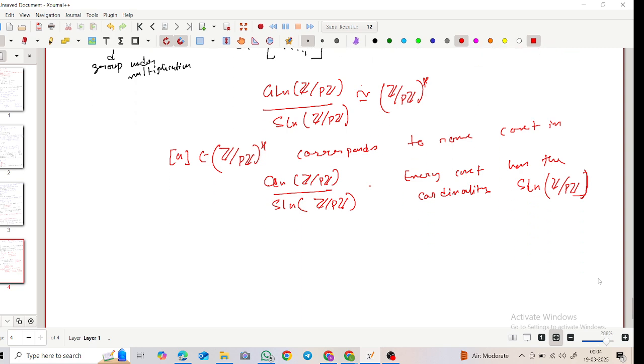So basically, the cardinality of SLN Z mod pZ, what is that? From here, that is the cardinality of GLN Z mod pZ divided by the number of cosets. So what I said in the first attempt was correct.